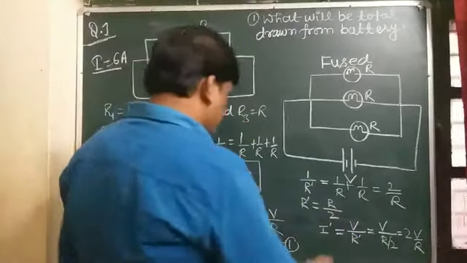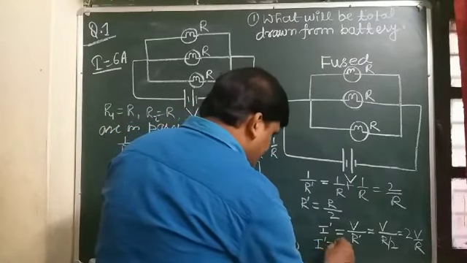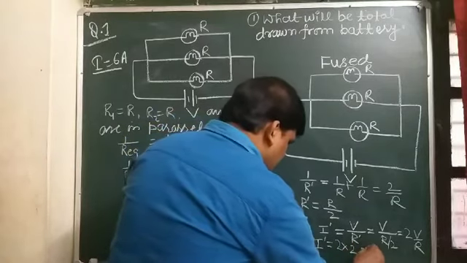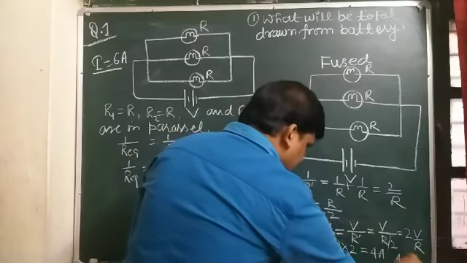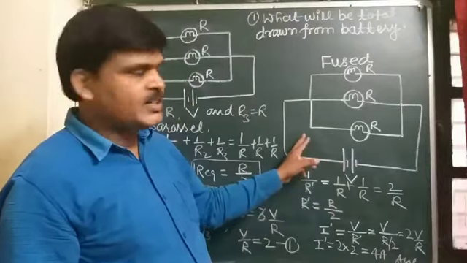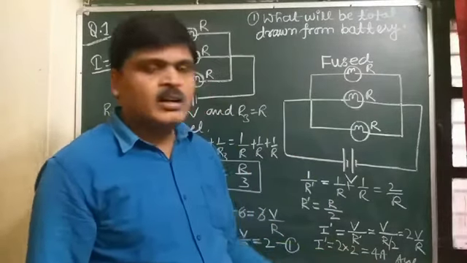So I dash comes out to be 2 into 2, that is 4. So the current drawn from the battery in the second circuit is 4 ampere. This is the answer.